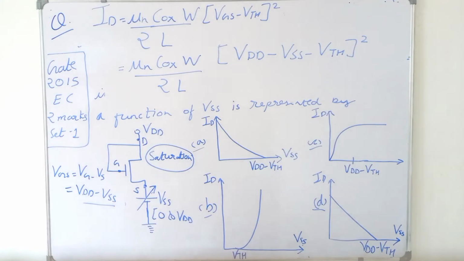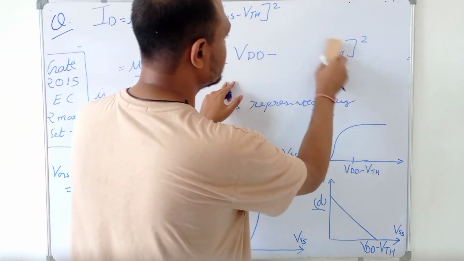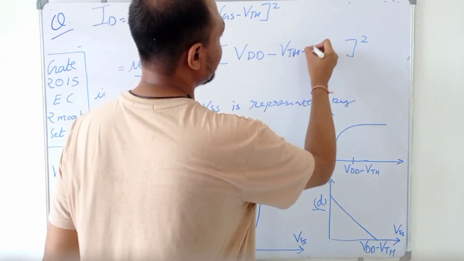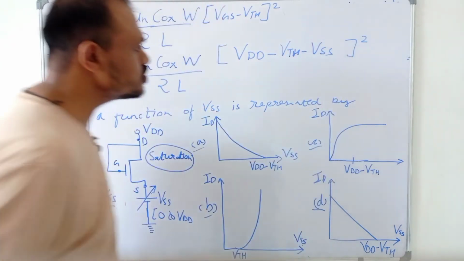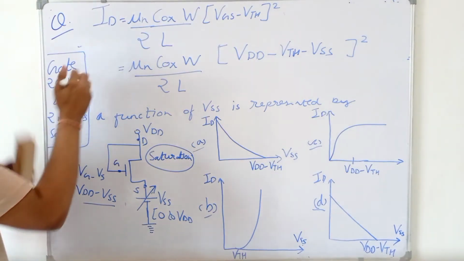Obviously VDD and VTH are constant for a circuit, so this is VDD minus VTH minus VSS square.